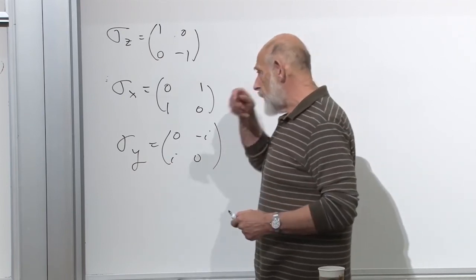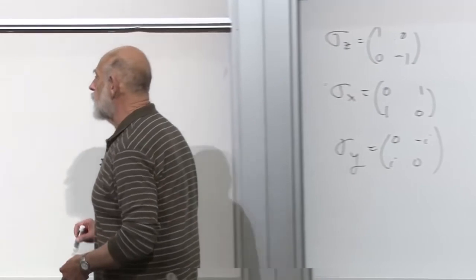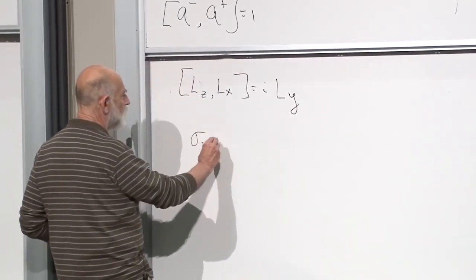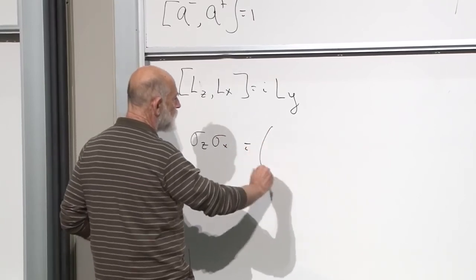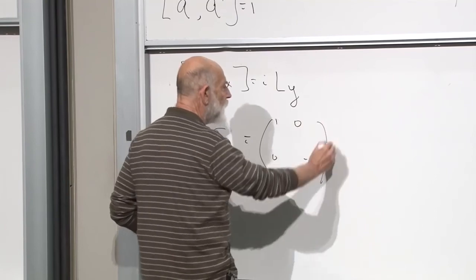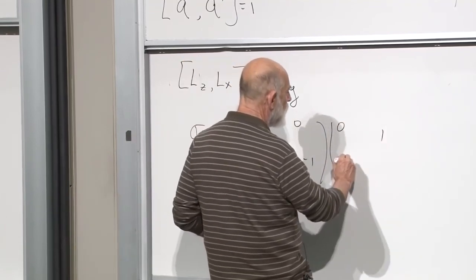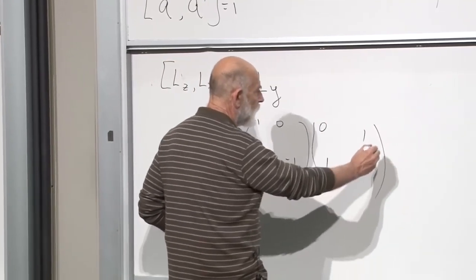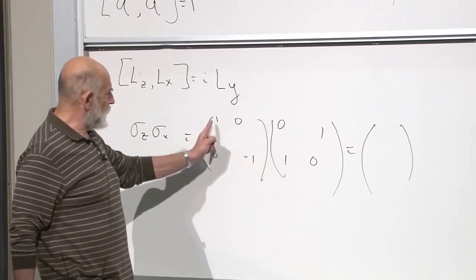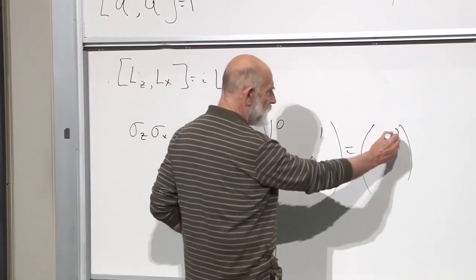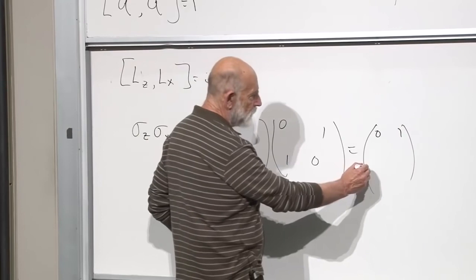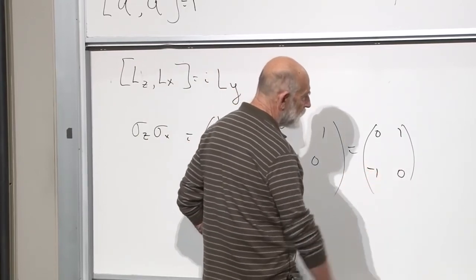Okay, let's check the commutation relations. Let's multiply sigma z by sigma x. That's equal to the matrix 1, 0, 0, -1 times the matrix 0, 1, 1, 0. This times this is 0. This times this is 1 up in here. 0. Down here, minus 1, 0.